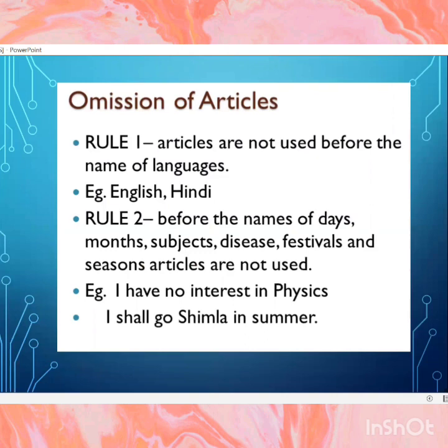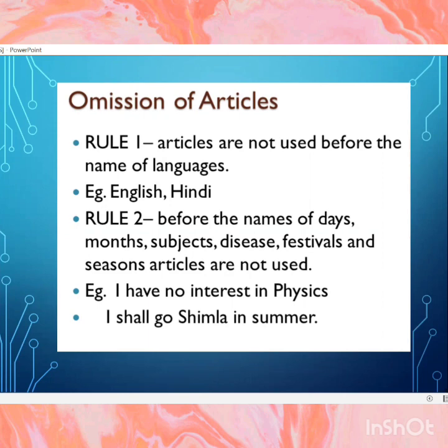Now, omission of articles. Rule number 1: articles are not used before the names of languages. For example, English, Hindi, French, Spanish, and so on. Rule number 2: before the names of days, months, subjects, diseases, festivals, and seasons, articles are not used. For example, you don't say the Monday.